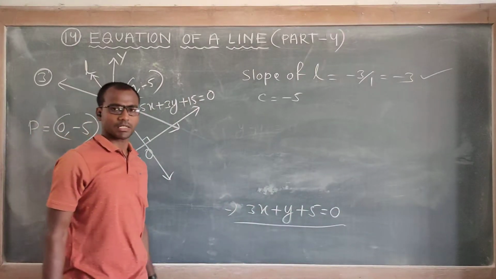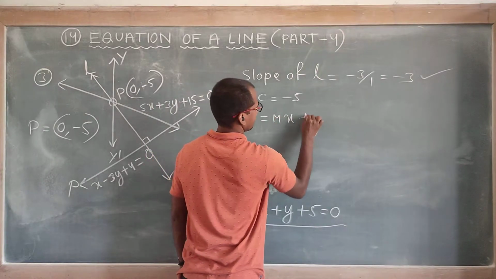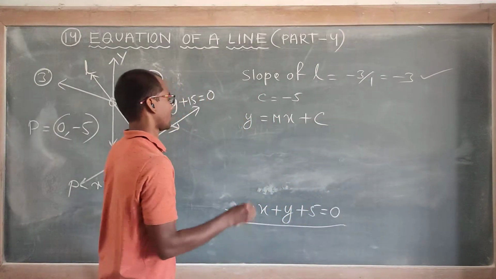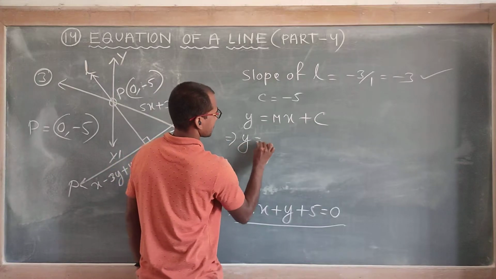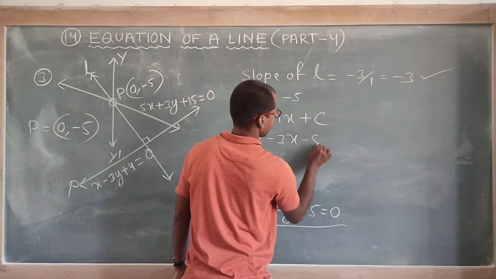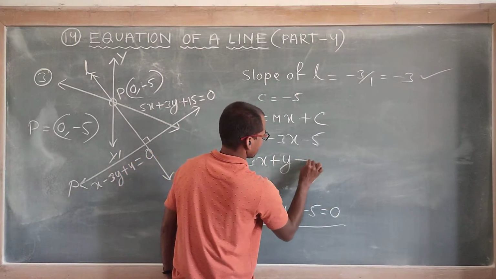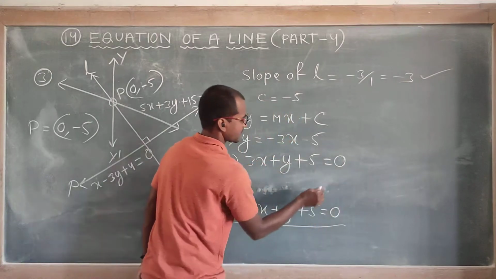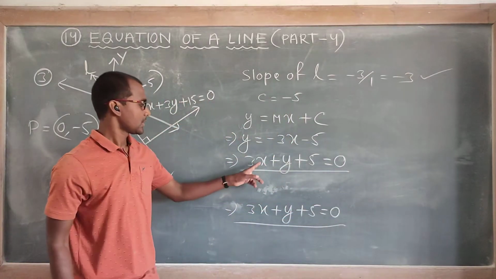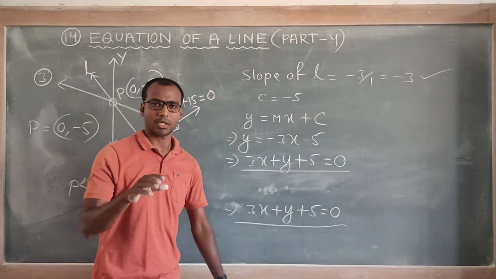The formula is y is equal to mx plus c, the slope intercept formula. So m is minus 3, c is minus 5. So 3x plus y plus 5 is 0. See, the two equations are the same. So here we could have used the slope intercept formula also.